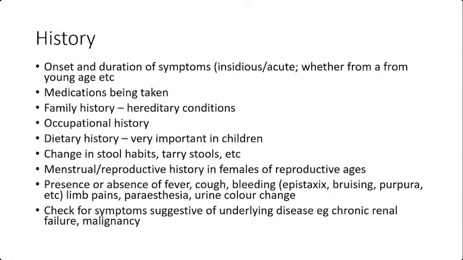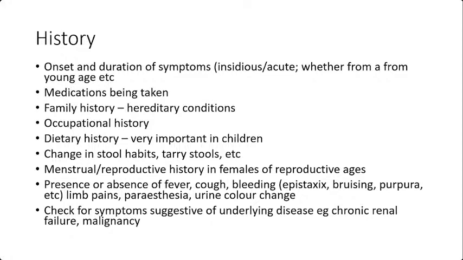If the urine is red, it may show that there is obvious bleeding, or it may change to Coca-Cola urine, that is very dark urine, which may tell us that there is hemoglobin present in the urine. And check for symptoms of underlying disease, anything to suggest chronic renal failure, anything to suggest malignancy, etc.